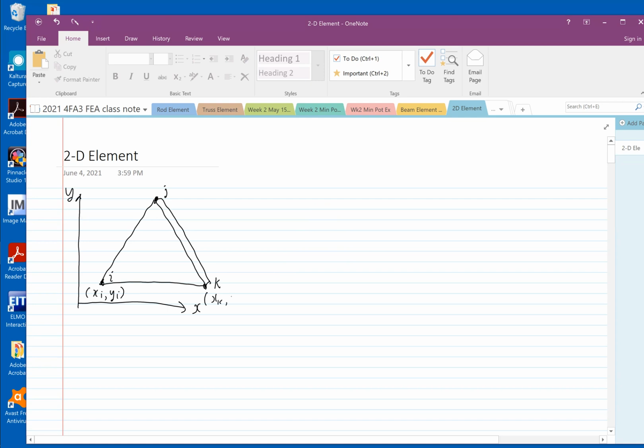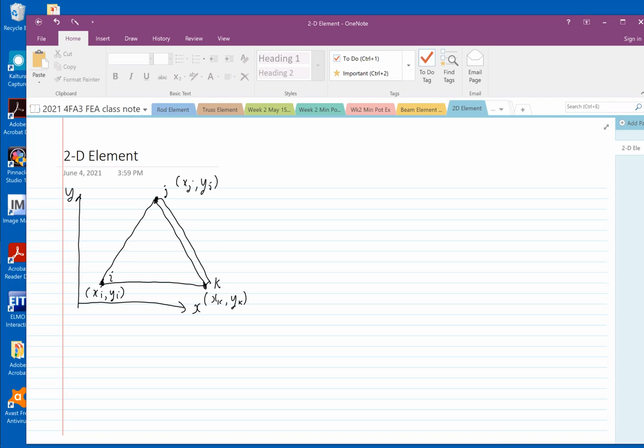Xk, yk. Xj and yj. So each node has a name, I, J, K, and each node has an address. Very important.